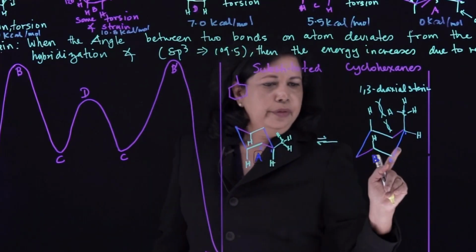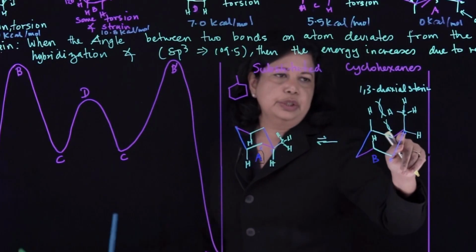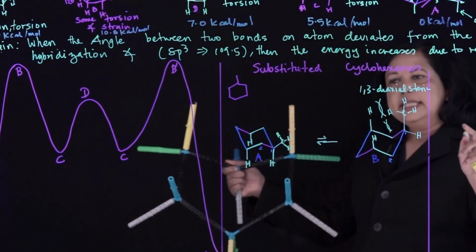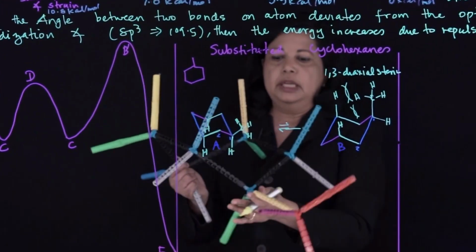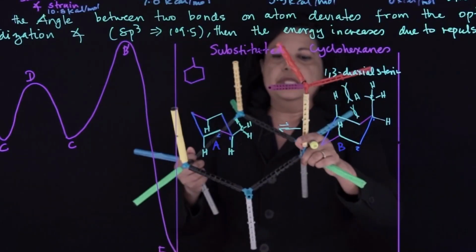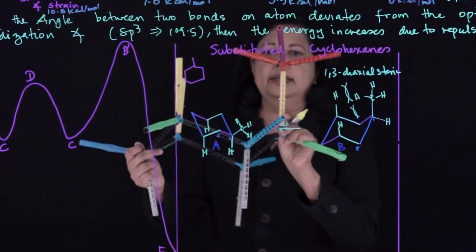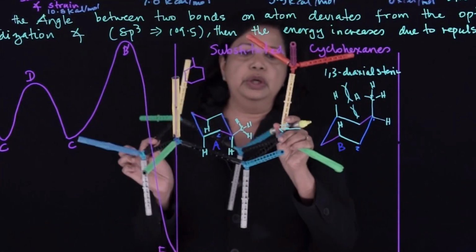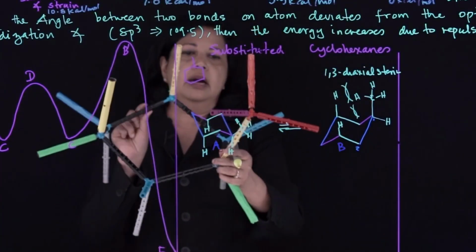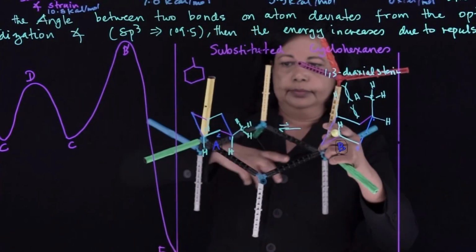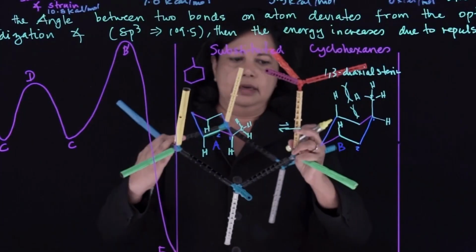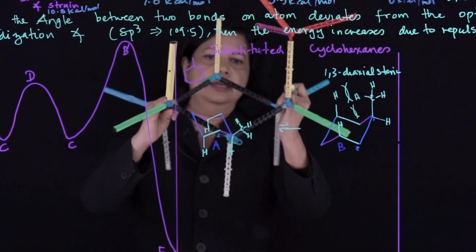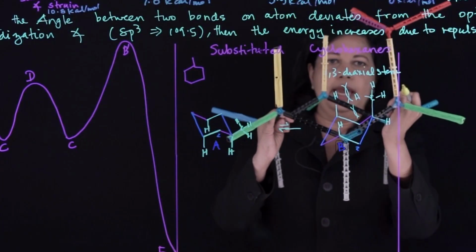And the other thing is the gauche interaction between this and this. That's a little harder to see, but if you draw a Newman projection like this, it'll be easier to see. So you're going to look through this carbon and this carbon, the two sides. So here, this is your axial.